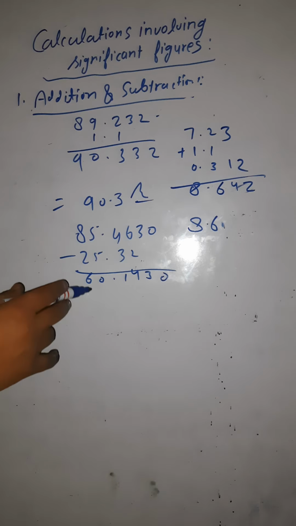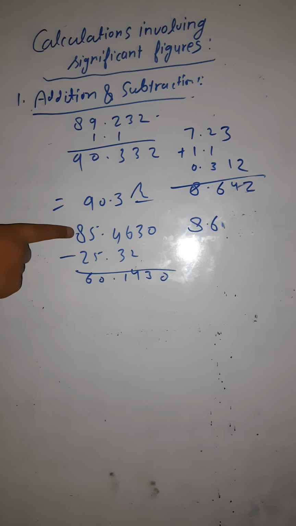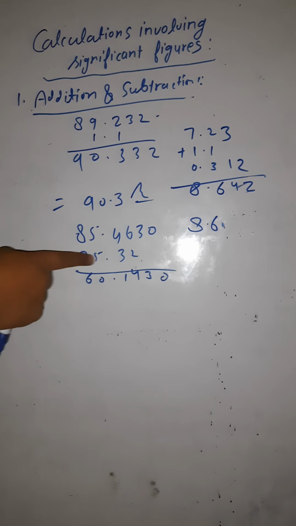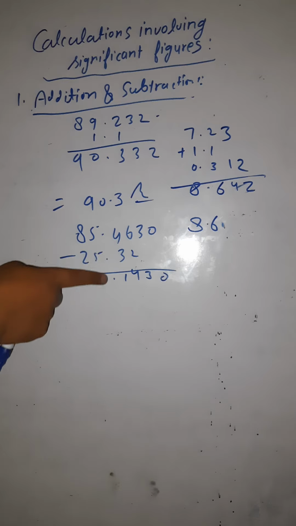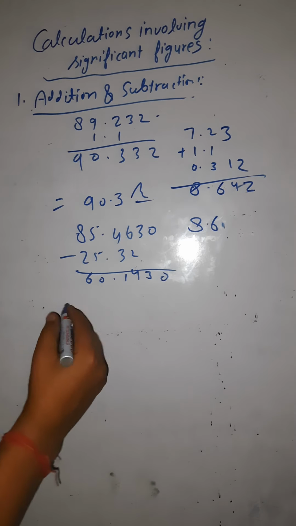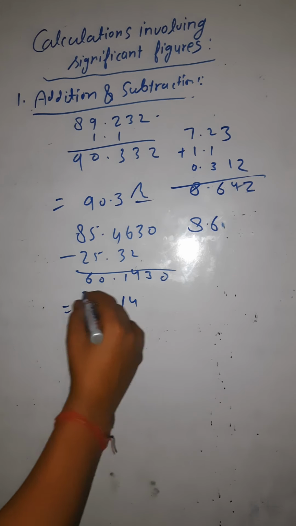So you would not report the result in this term, you would report the result according to the term which has the minimum decimal places. Which one has the minimum decimal places? I think this one, only 2 places. So you would report the result only up to 2 decimal places. So I would write the answer as 60.14. This would be the required answer.